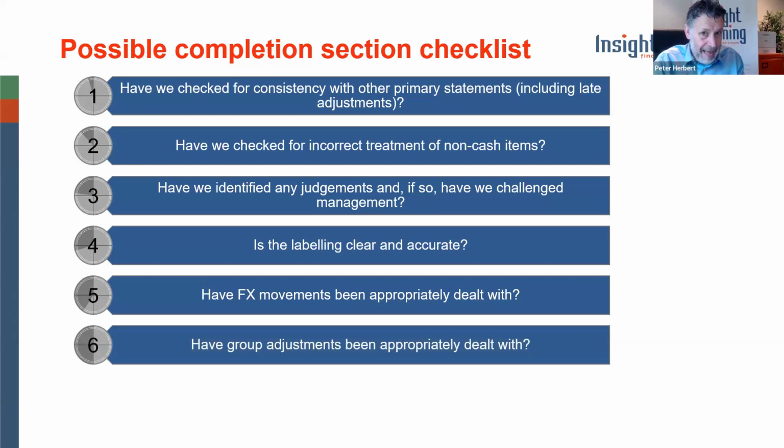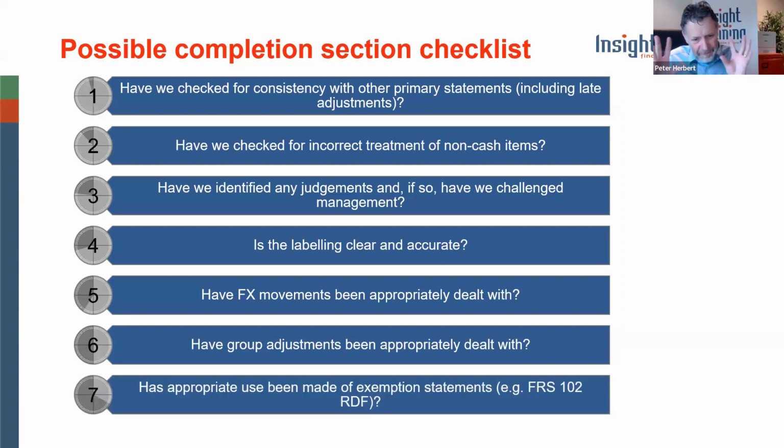There's an element of complexity involved, for example, where you've got maybe a set of group accounts where you've made an acquisition during the course of the year and how cash movements in relation to that acquisition get dealt with within the consolidated cash flow statements. There are also complications around the way that you treat, for example, payments of dividends to non-controlling interests. Have those slightly more complex areas been appropriately dealt with within a group situation?